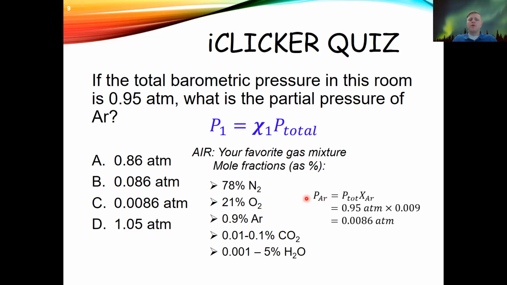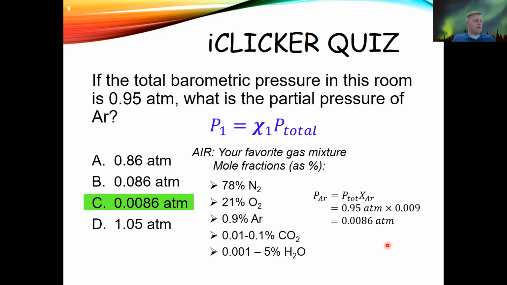To solve for the partial pressure of argon, we're just going to take the total pressure of the system times the mole fraction of argon. The mole fraction of argon is just this 0.9% divided by 100%, which gets us 0.009. And the total pressure is 0.95 atmospheres. We'll multiply that together, and we'll find that the answer is 0.0086 atmospheres.